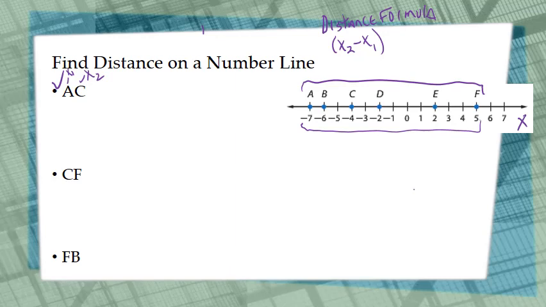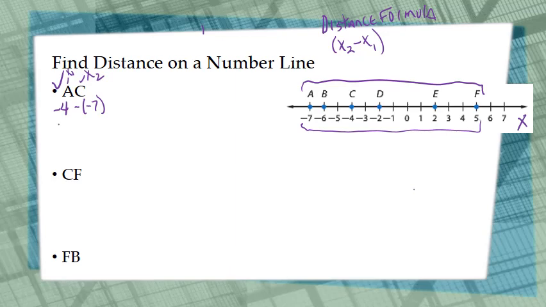And so if I'm going to apply the distance formula here, then I see that C is at point -4, or x2 is equal to -4, minus A, which lies on point -7. So I got -4 minus -7.